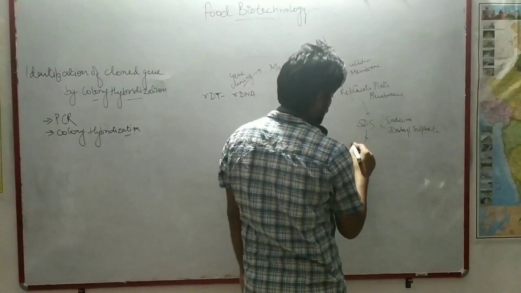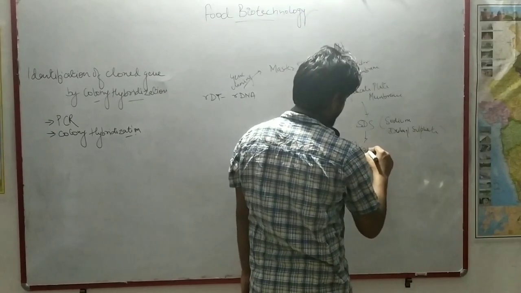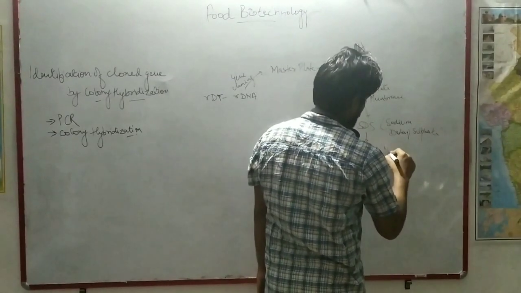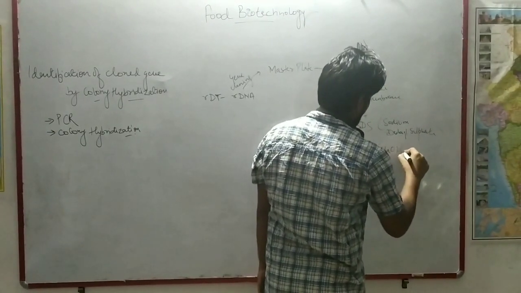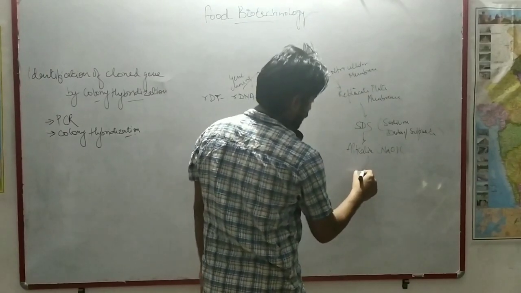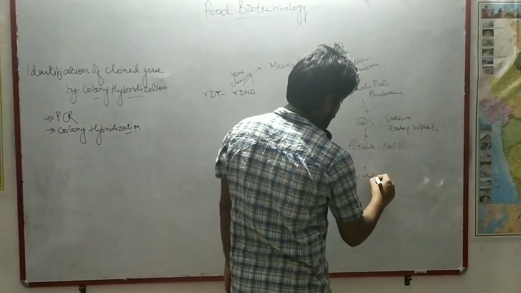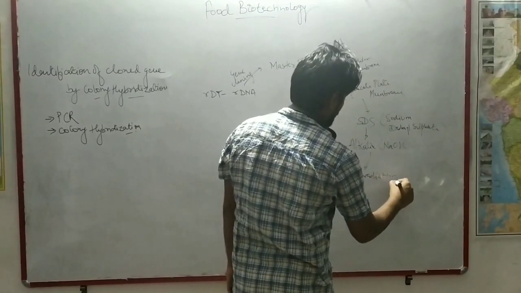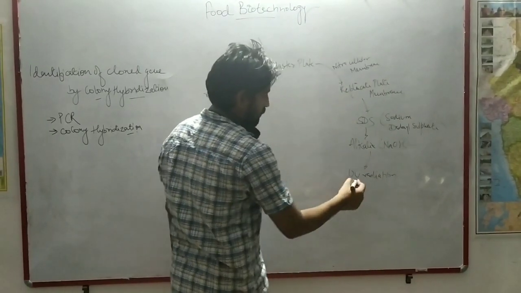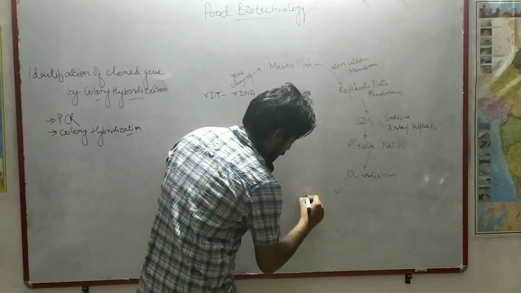After SDS, you will go with the alkaline solution, which is your NaOH, step number 4. After alkaline solution treatment, you will go for UV radiation. After UV radiation comes the washing step.